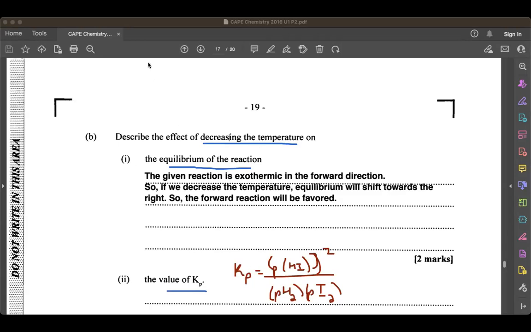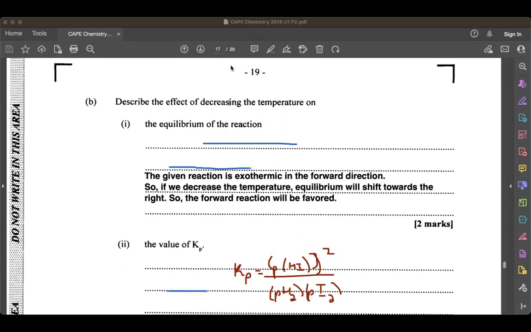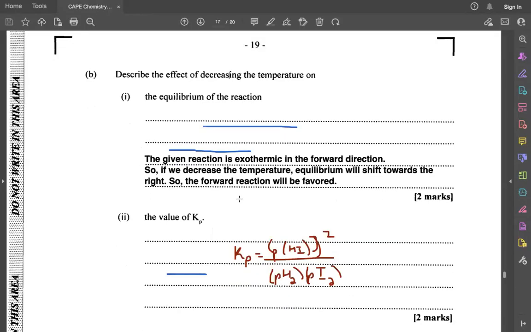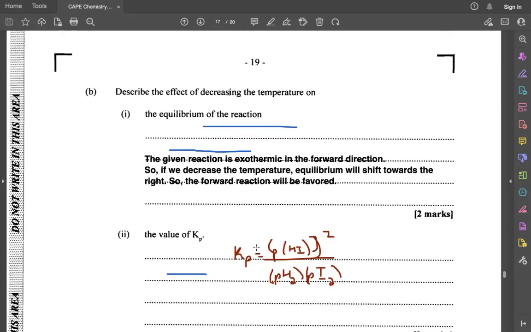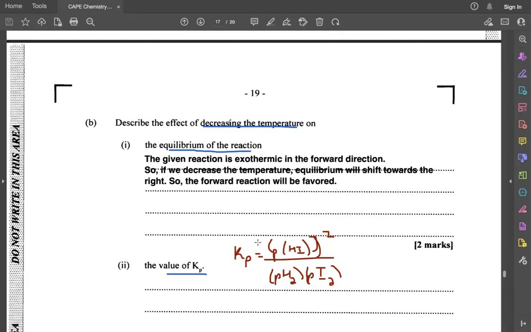So let me scroll up a little bit to give ourselves some more space here. We're looking at Kp. We said that the forward reaction is the one that would be favored. In the forward reaction, what we're preferring is the formation of HI.